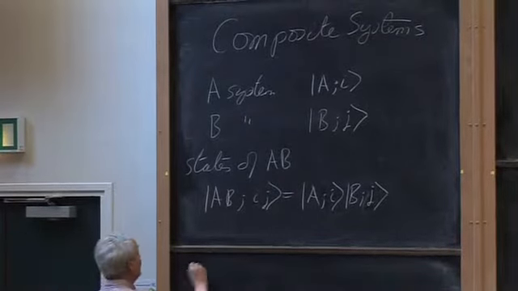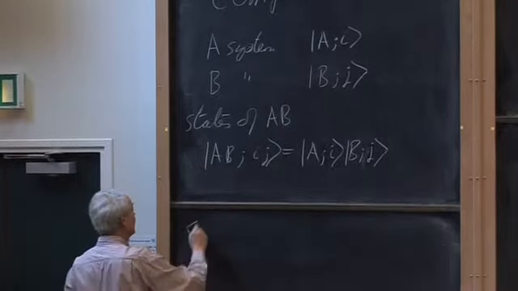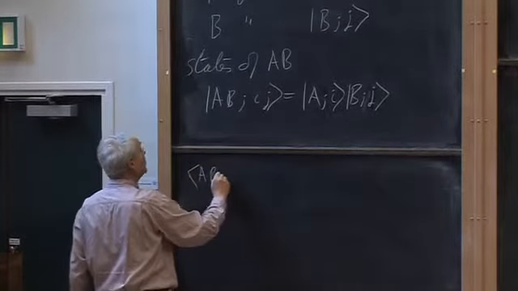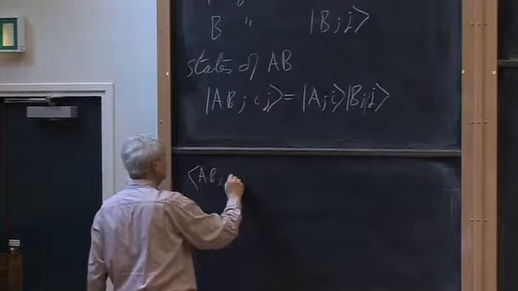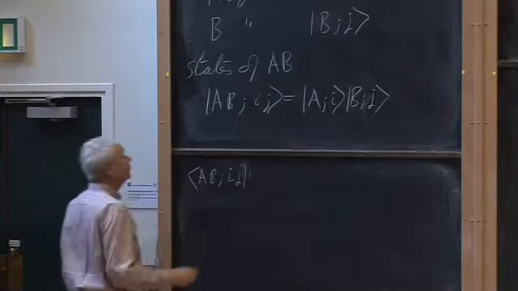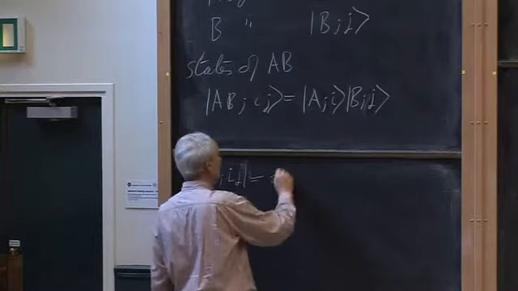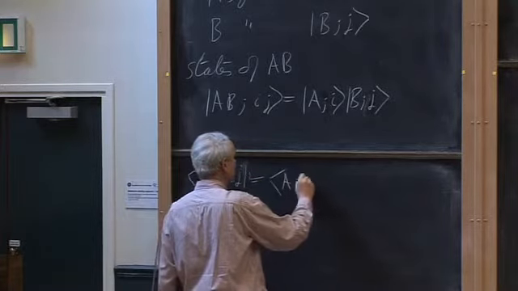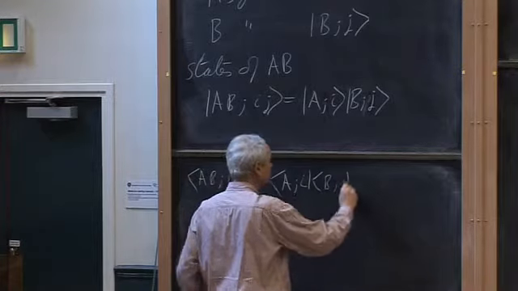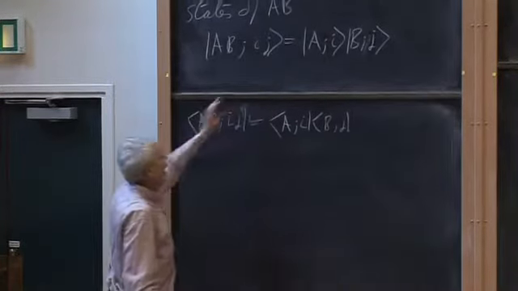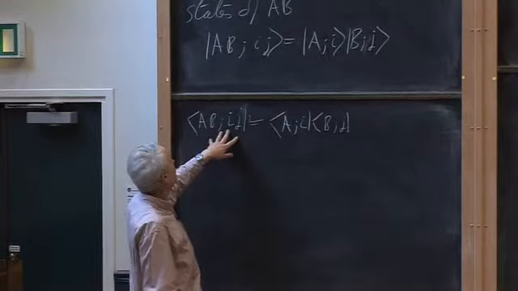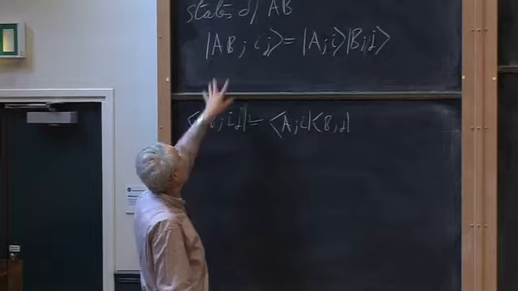Then we can have the bras. There must be associated bras. Since this is a state of a system, it has a bra, which is equal to, of course, the logical product of the bras. And we give meaning to this thing by explaining what happens when this goes onto this.